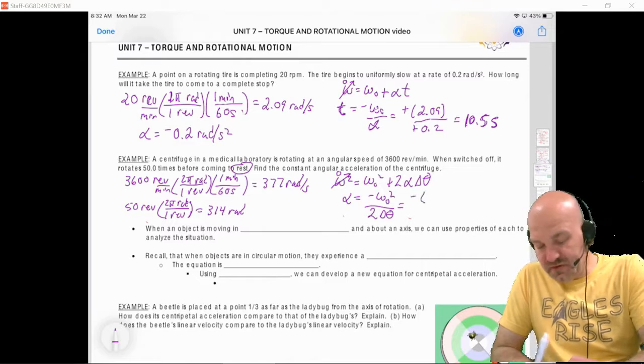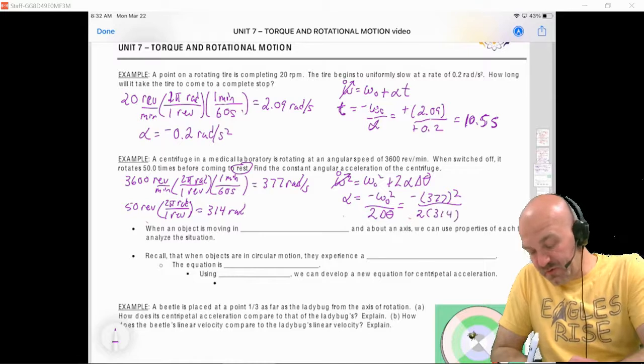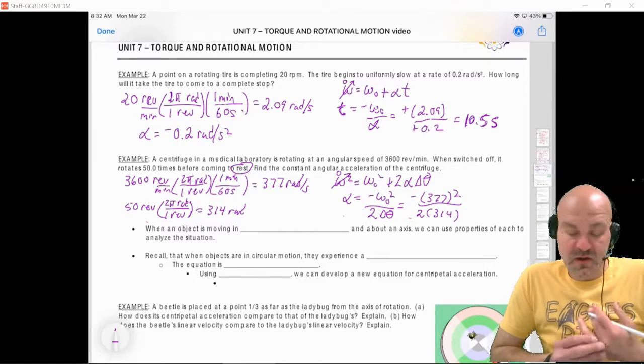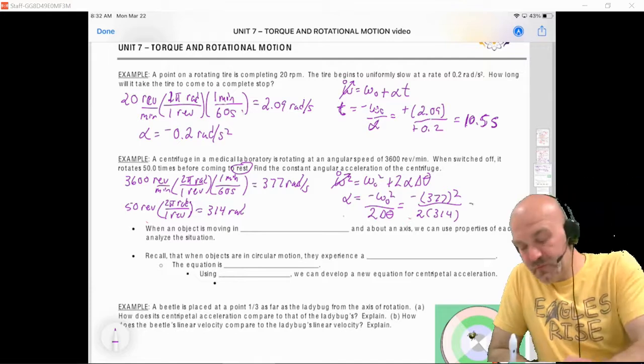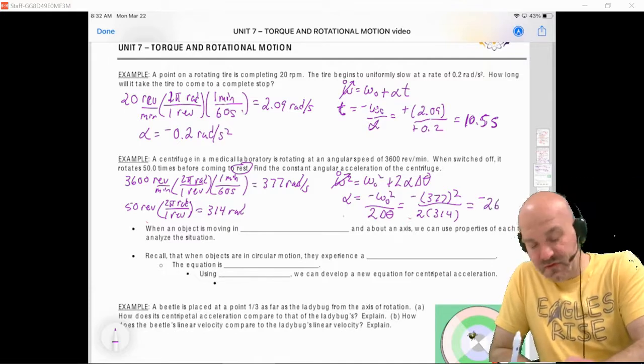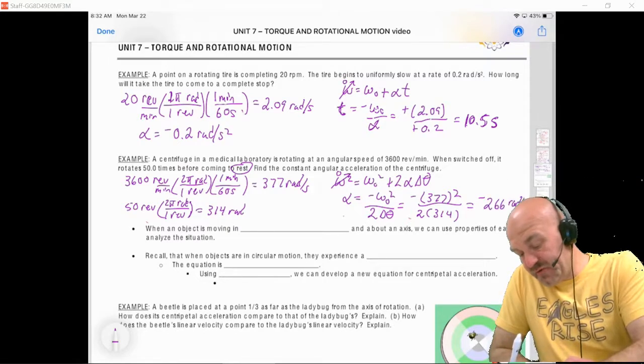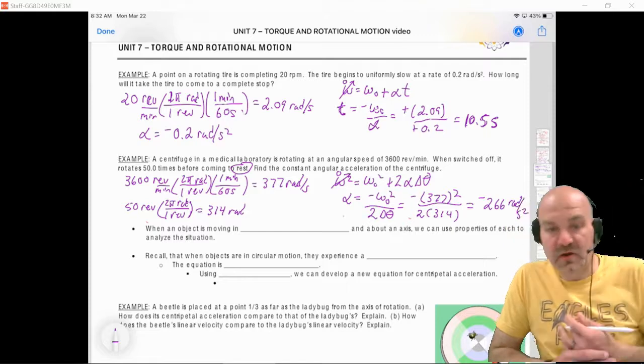This is going to be negative times 377 squared over 2 times 314. Again, don't forget to square the 377, the initial angular velocity. And so that's going to be negative 266 radians per second squared, which will be our angular acceleration.